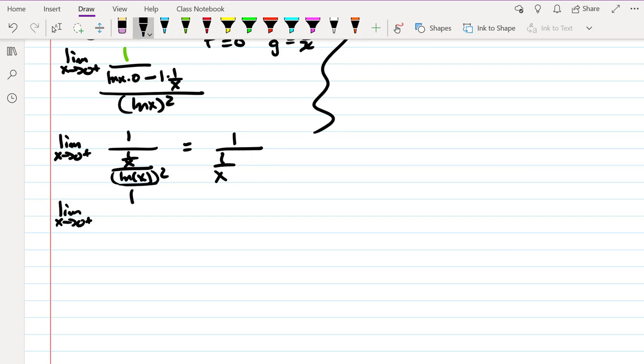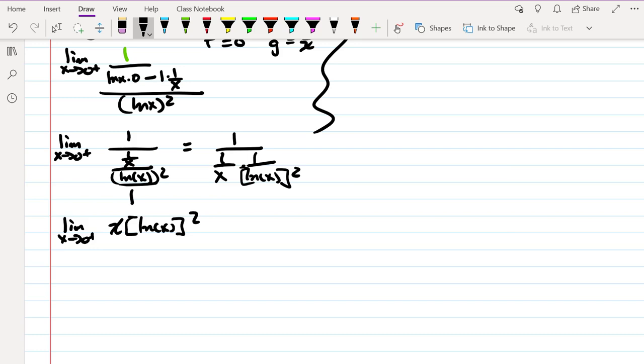This is over 1, so this is 1 over the natural logarithm of x squared. Then we take the reciprocal once again, and we get the limit as x approaches 0 from the right of x times the natural logarithm of x squared.